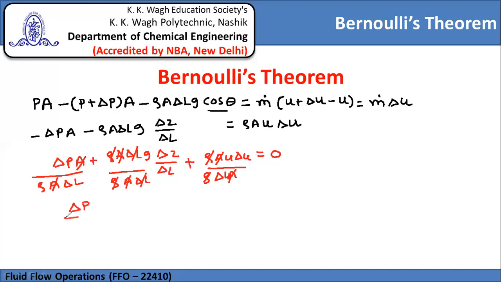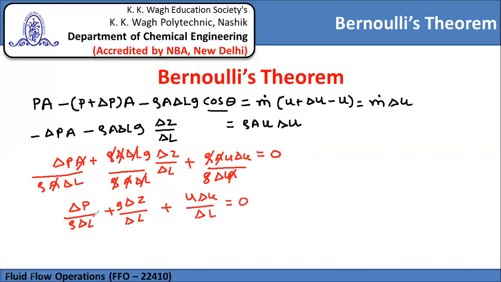So the resulting equation will be delta P upon rho into delta L plus delta Z into G upon delta L plus U into delta U upon delta L is equal to 0.